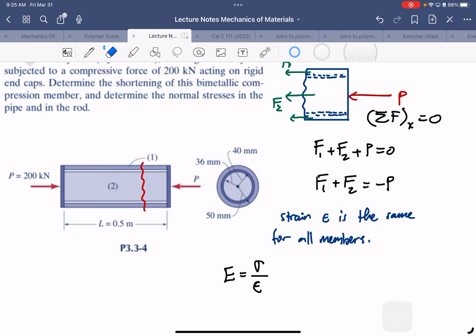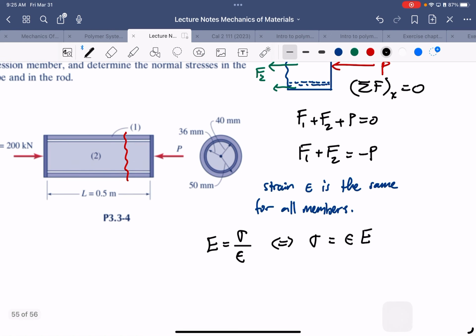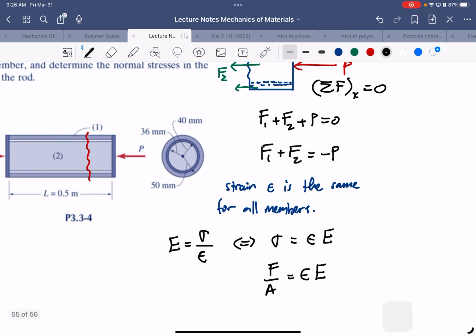So we can take stress as strain multiplied by E, or we can take the stress as F over A. Or we could simply write that F equals strain times E times the cross section.